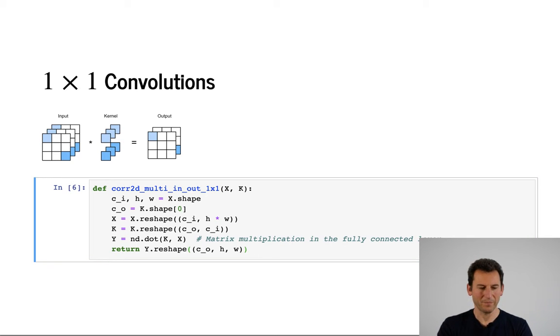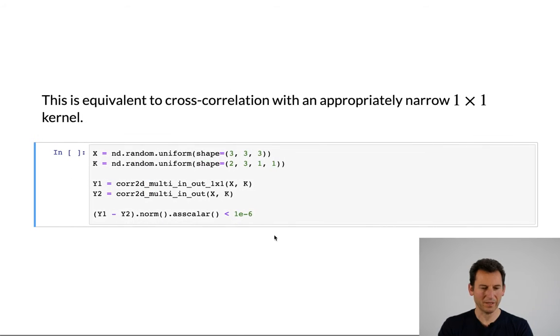So there we go. Now let's actually compare what happens if I do this and compare it to 1x1 convolutions applied the traditional way. Remember, this is my 1x1 convolutional kernel with 2 input and 3 output dimensions.